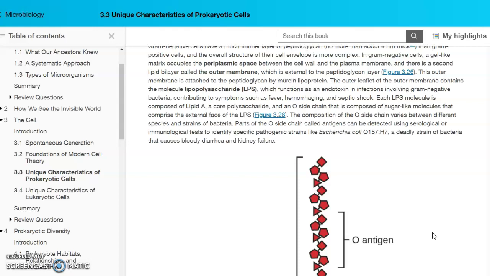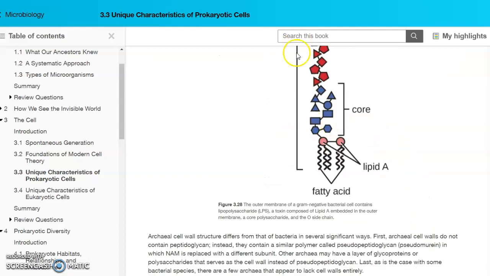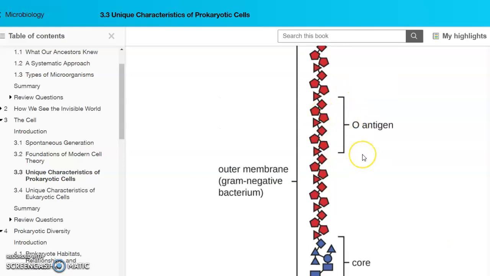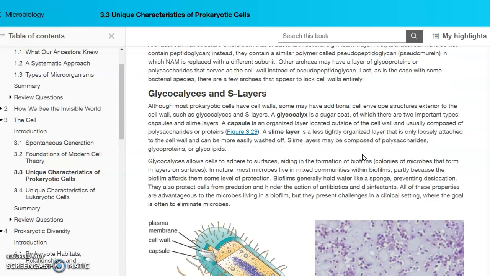And when we have illness that's associated with E. coli, it is this E. coli O157 that is typically at fault. So again, this is your lipopolysaccharides. You've got your lipid A here. You've got this core molecule, this core polysaccharide, and then your O antigen, and that's what makes it different among species.